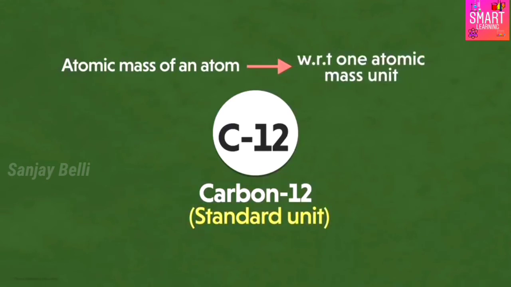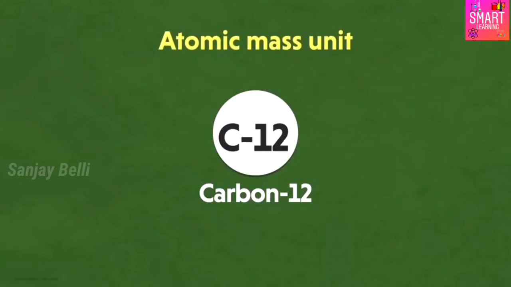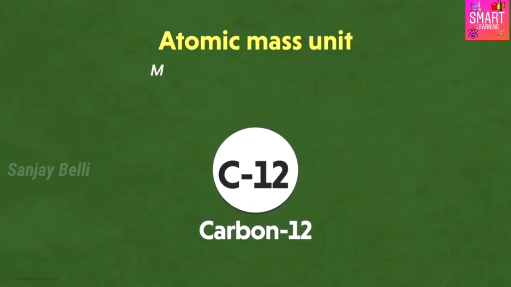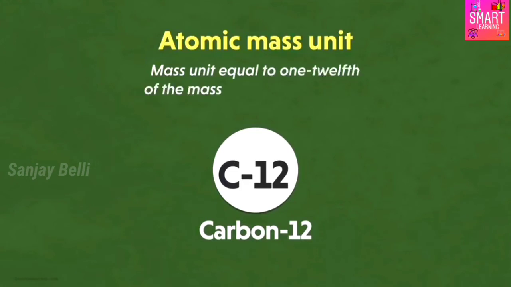And how do we define one atomic unit? One atomic mass unit is defined as the mass unit exactly equal to 1/12 of the mass of a carbon 12 atom. So let us assume this is one atom of carbon 12.